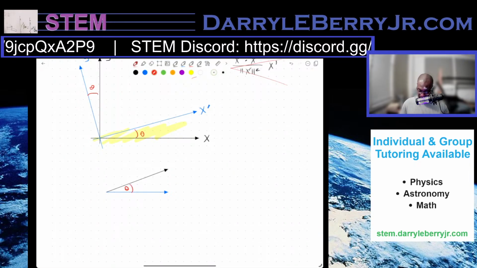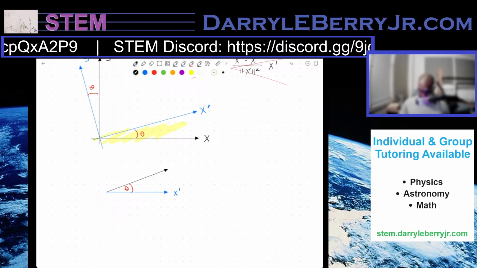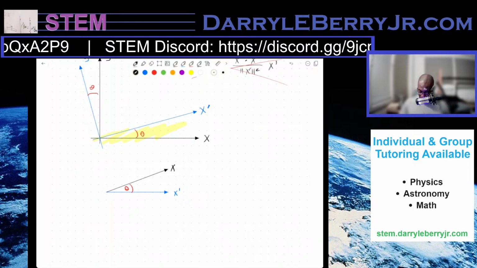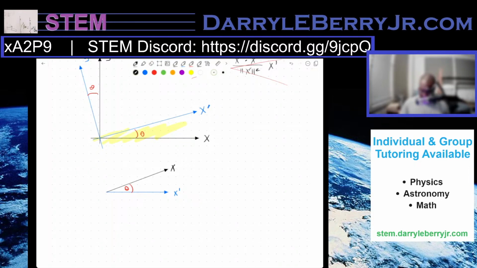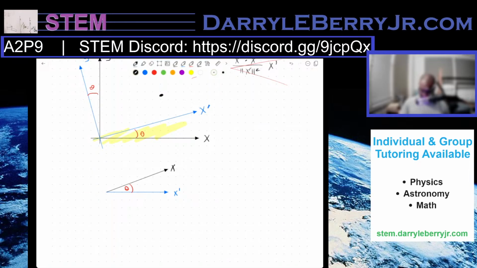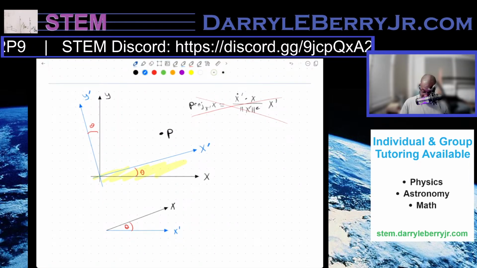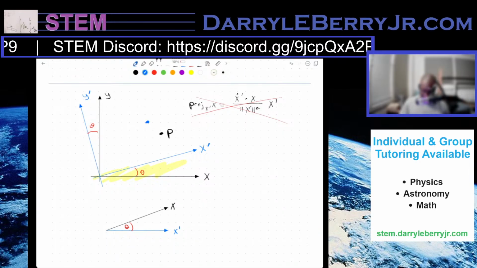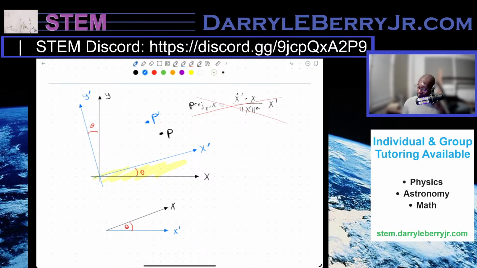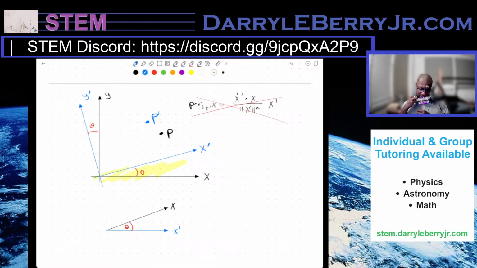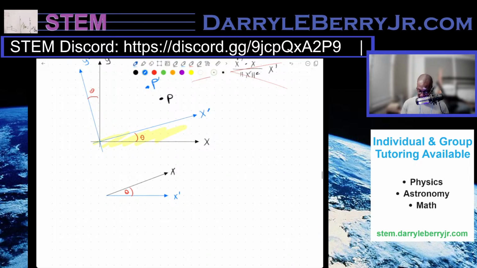And what we want to do is find out what the coordinates will be if I find, let's say, a point in x. Like if this is P in x, and we know P prime will be rotated, so it'll be in this direction somewhere. So we want to find out what the P prime is.